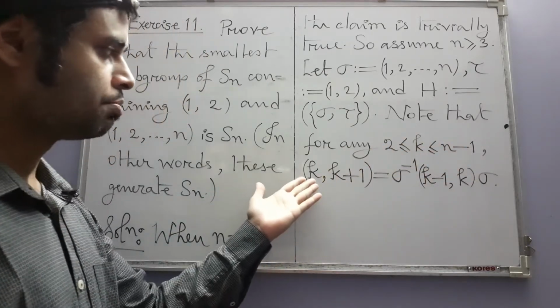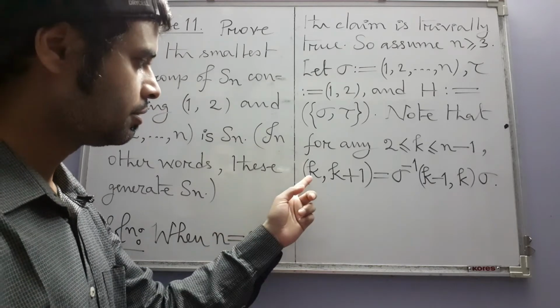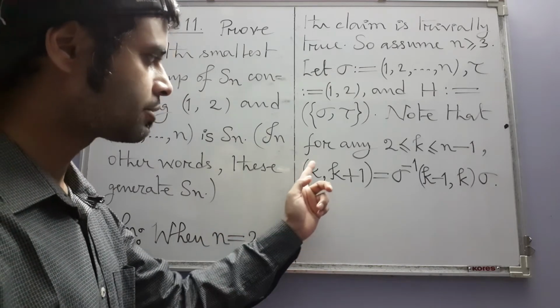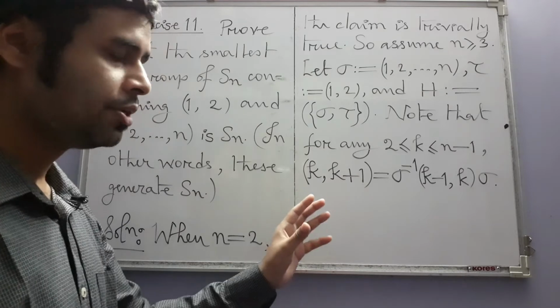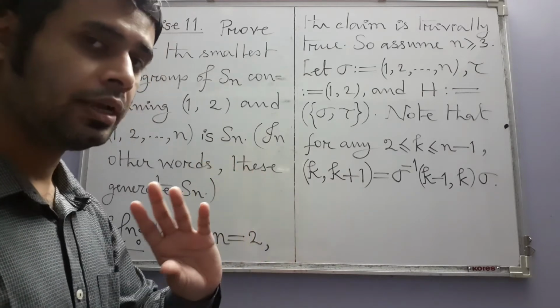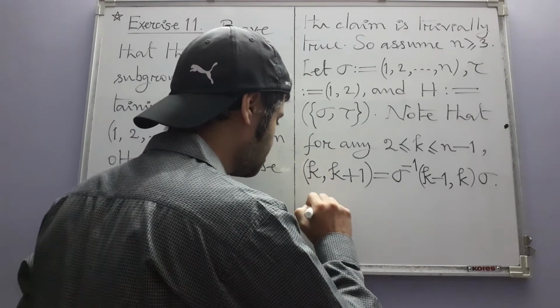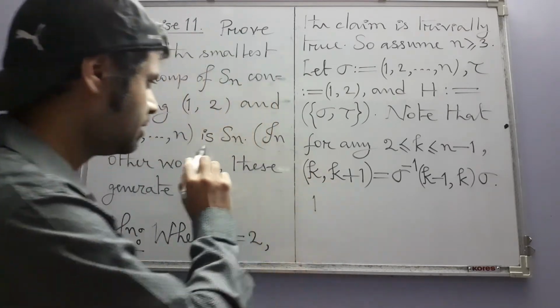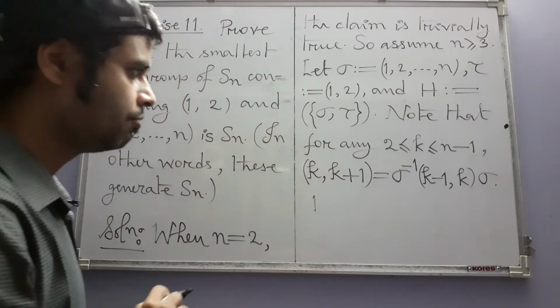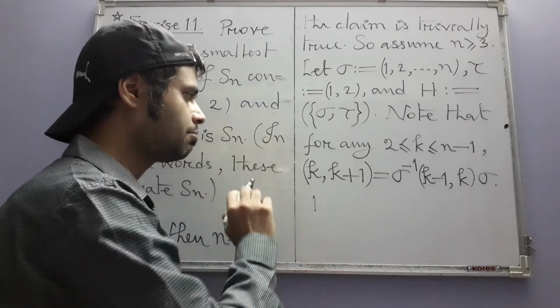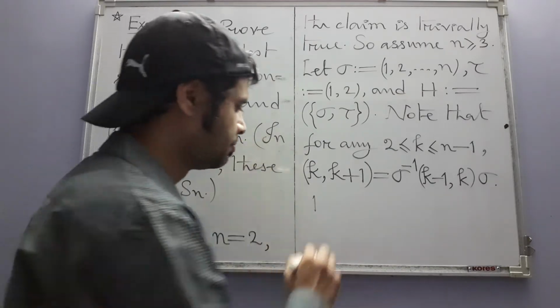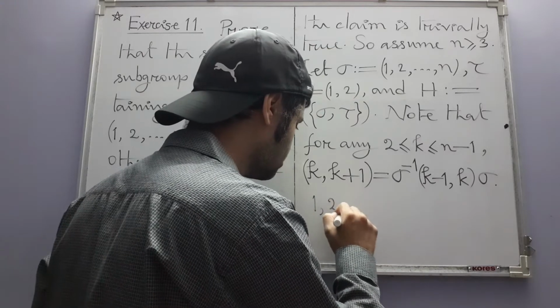What happens when you put n minus 1 here? You get the 2 cycle n minus 1 comma n. Keep in mind that we have only n symbols to work with. That's because our permutation group is Sn. So in Sn we are dealing with the permutations of what? Of these symbols only.